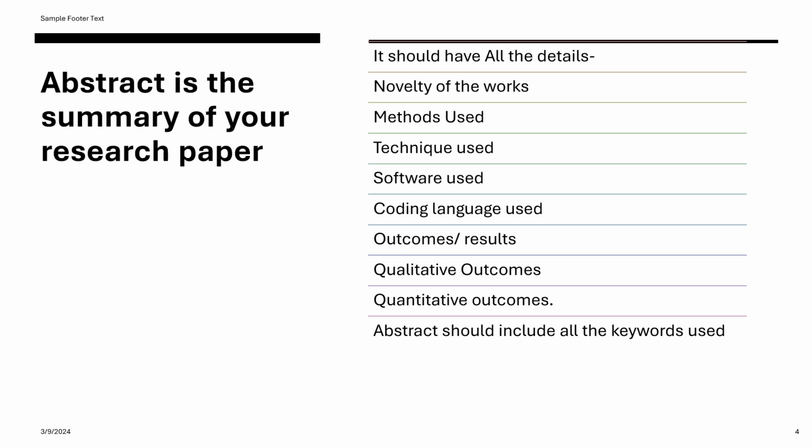Whenever you are writing your abstract, you have to mention all the keywords, and everything should be in sync. All the lines should follow a particular pattern and look like they are in sync. So these few little points you definitely need to keep in your mind to write a good or a great abstract.